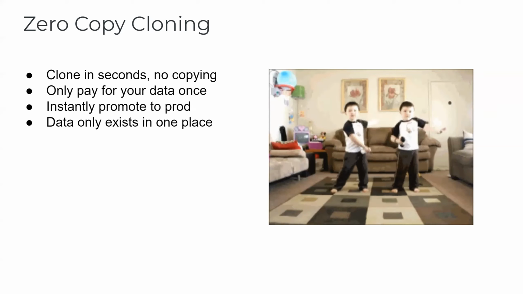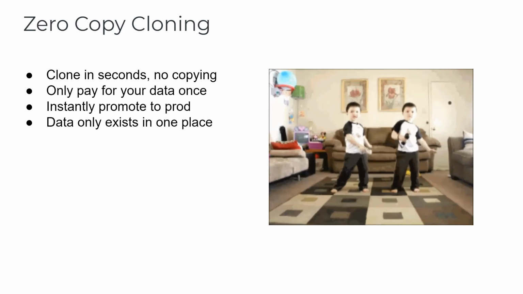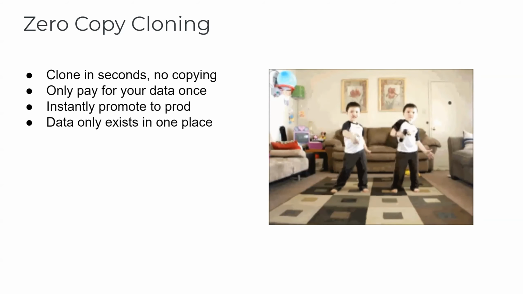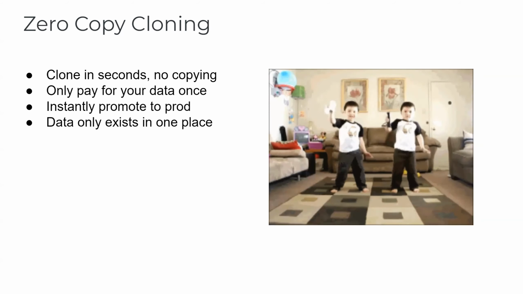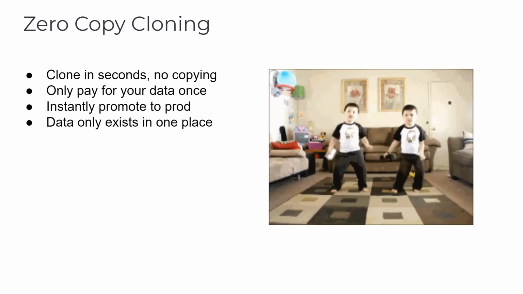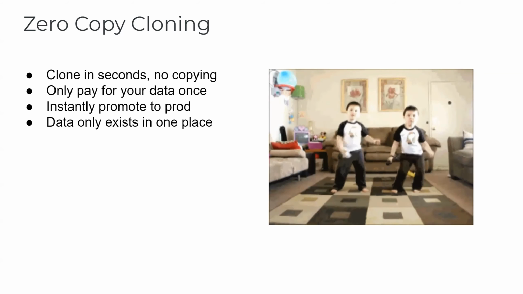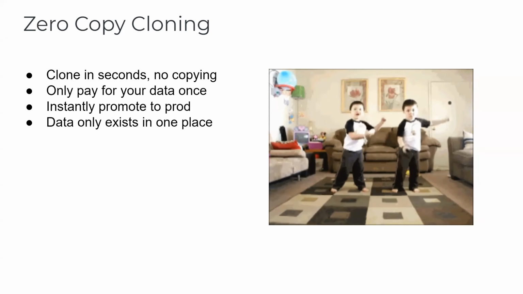Zero copy cloning allows us to create a copy of the data, no matter the size, instantly, because it creates a logical database, and then we can start to query it. If we change something, the data change applies only to our copy, while the original data stays the same. If you never worked with those things, it's hard to understand.